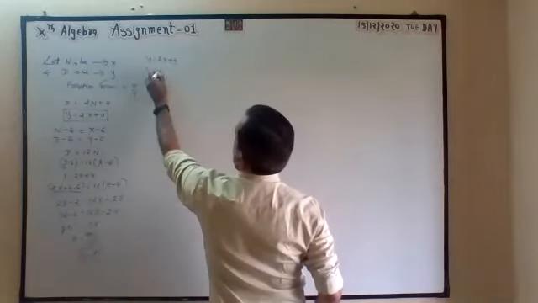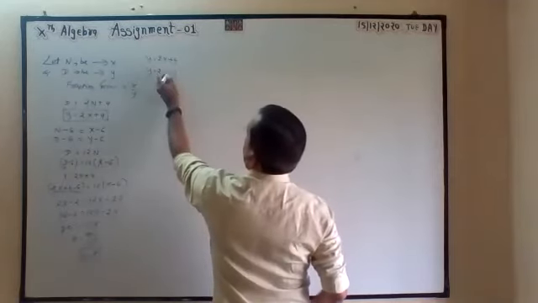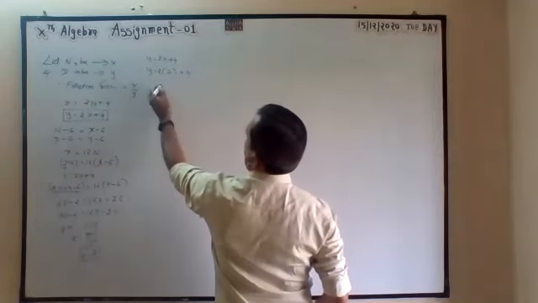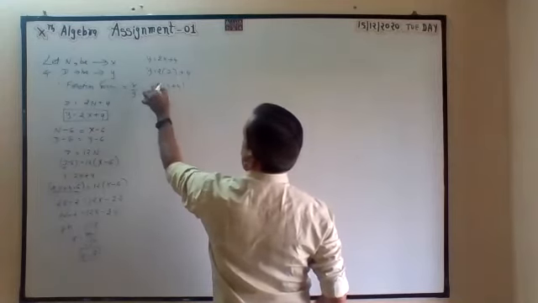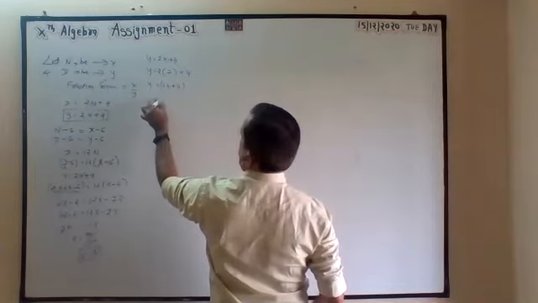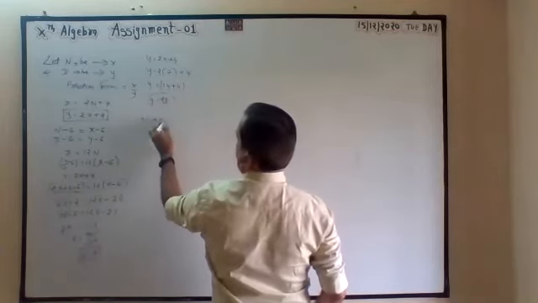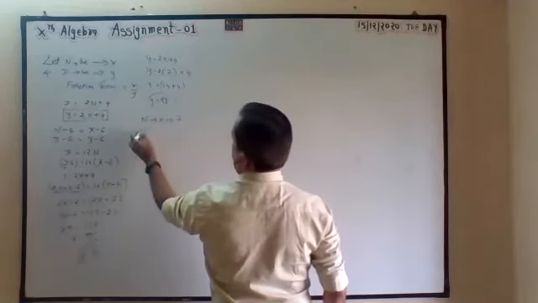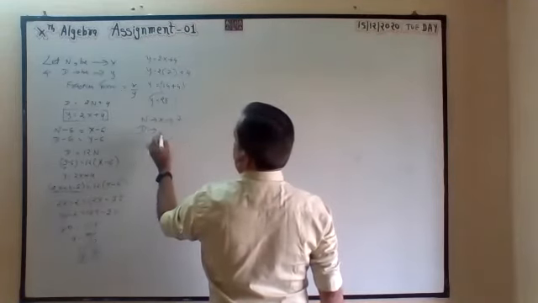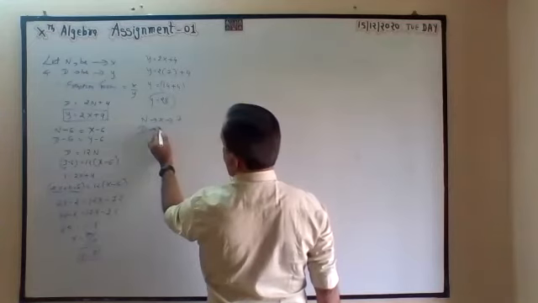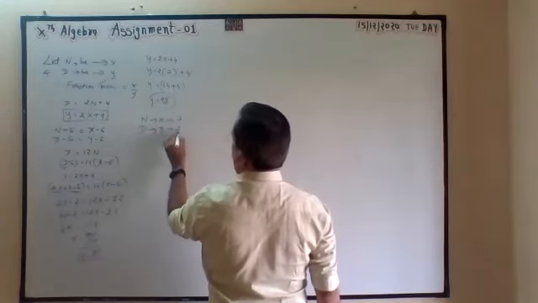So y is equal to 2 times 7 plus 4. So numerator x is equal to 7. Denominator y is equal to 18.